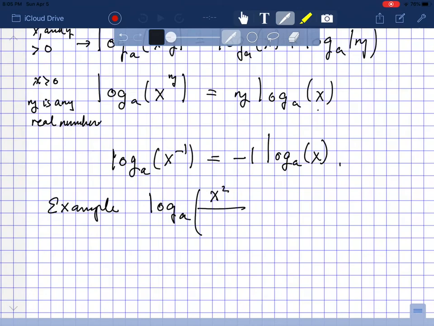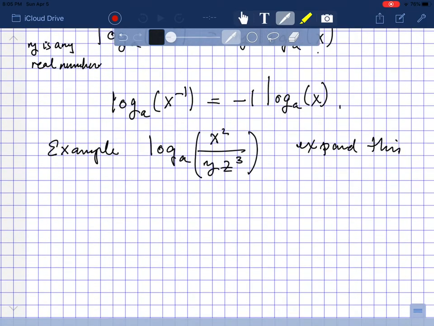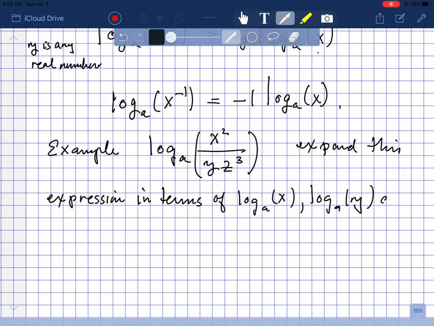The log base a of x squared divided by y times z to the third power. Okay? And what I want to do is expand this expression in terms of the log base a of x, the log base a of y, and the log base a of z. So let's see how we might go about doing that.